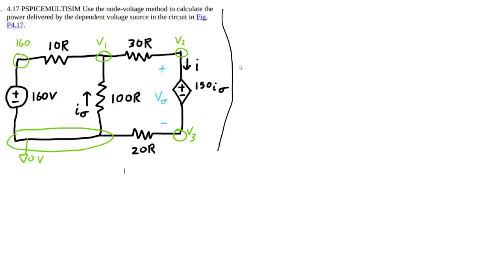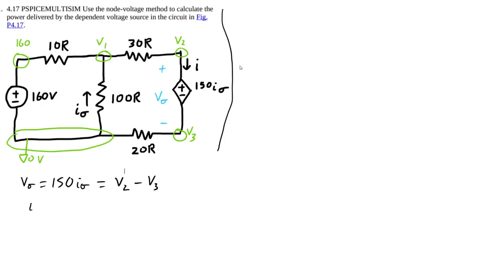That's the voltage across this. You can say V sigma equals 150 I sigma, which also equals V2 minus V3. And that's going to come in handy later.